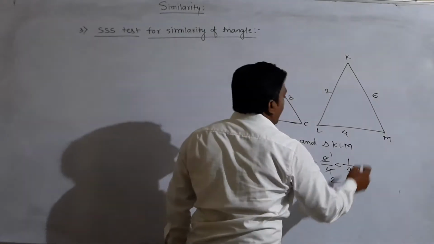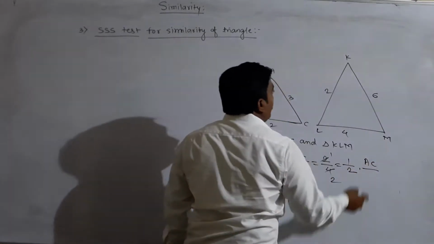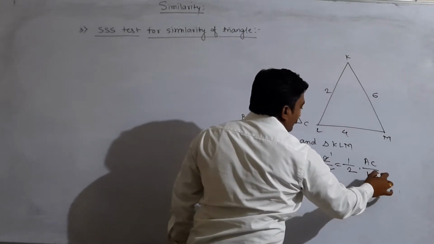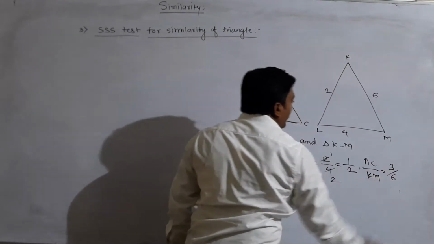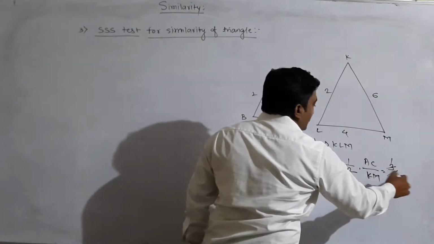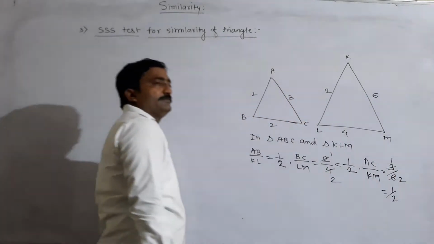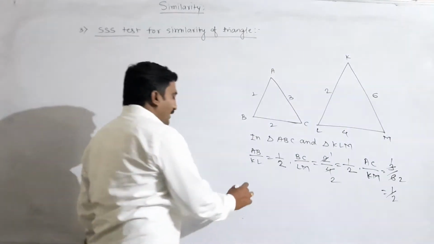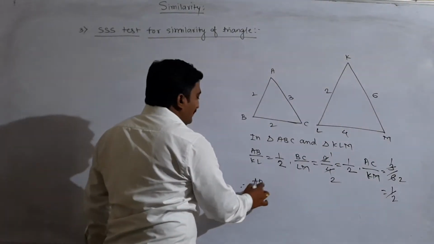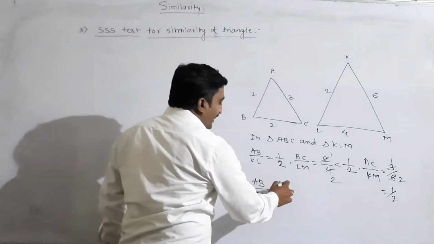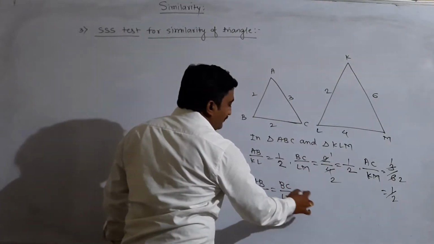And last is AC divided by KM. AC is 3, KM is 6, 3 ones are 3, 3 twos are 6. Therefore, this is also 1 by 2. It means the ratio of the corresponding sides are equal. It means corresponding sides are in proportion.